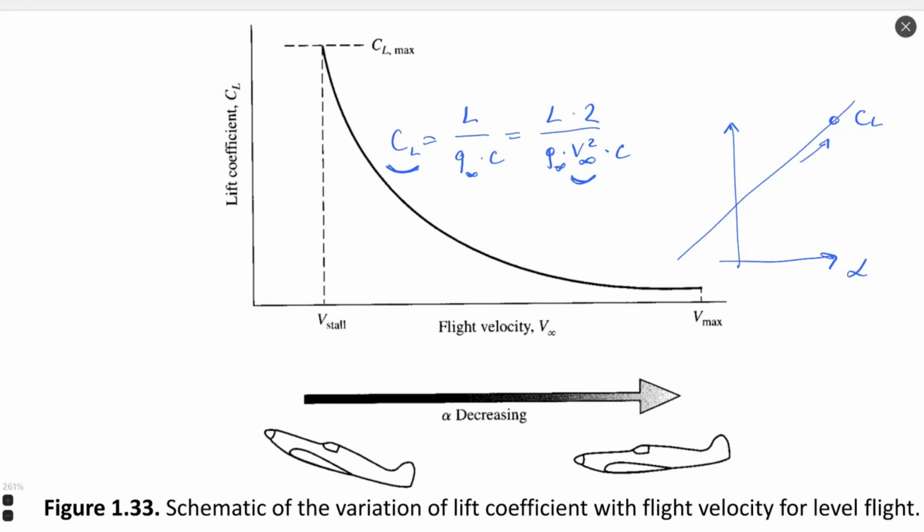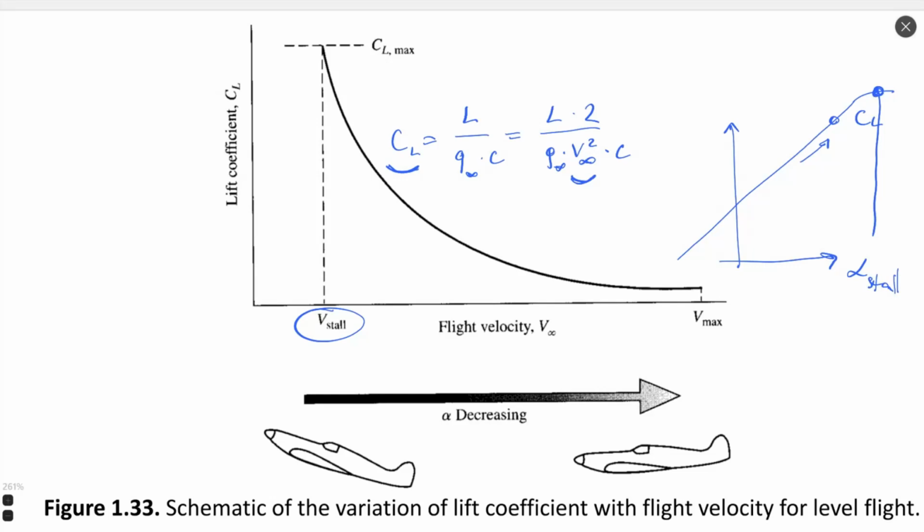When CL becomes bigger, velocity, which is in the denominator of the right side of the equation, becomes smaller. So if we would like to fly at a higher angle of attack, automatically our velocity is decreasing more and more. The minimal limit of this velocity is called stall velocity. It corresponds to the maximum possible angle of attack, which is called alpha stall, the stall angle of attack.